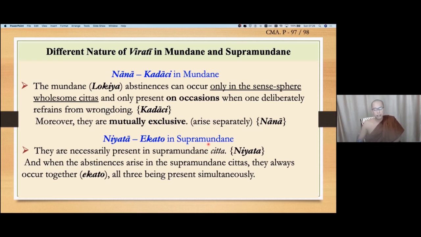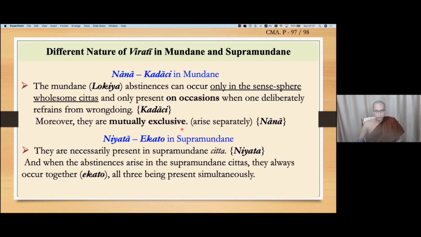Among the Noble Eightfold Path, there are three factors related to the moral precepts. They are the three virati: Samma Vacha, Samma Kammanta, Samma Ajiva. That is why they cannot be absent in the supramundane consciousness. That's why they are called niyata in Pali.